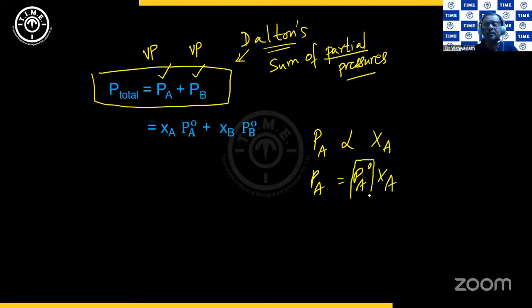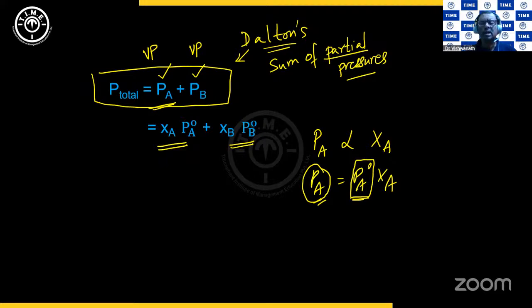PA naught is the vapor pressure of the liquid where the liquid is alone. What is PA? The vapor pressure where the liquid is in the presence of another liquid. So PA is the vapor pressure of the liquid in solution, and this is the vapor pressure of pure liquid A. That is what you have added up here. PA we have taken as PA naught into XA. PB is PB naught into XB.